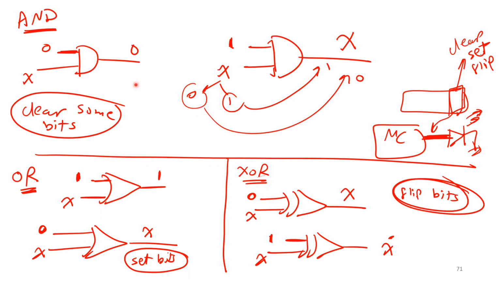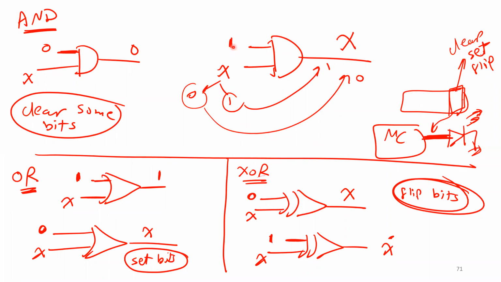So what this can tell us is, if you want to put zero in a certain bit, I can put zero here, and if you don't want to change some bits, you can put one. What this means, I told you before.